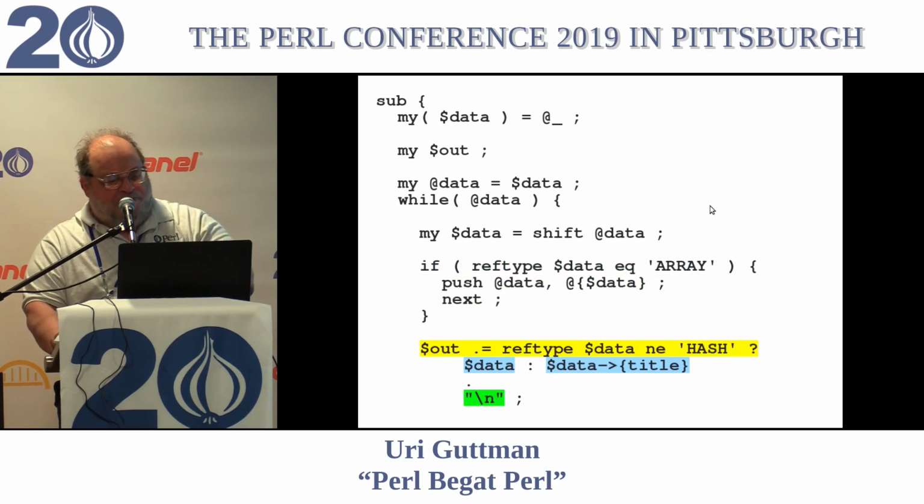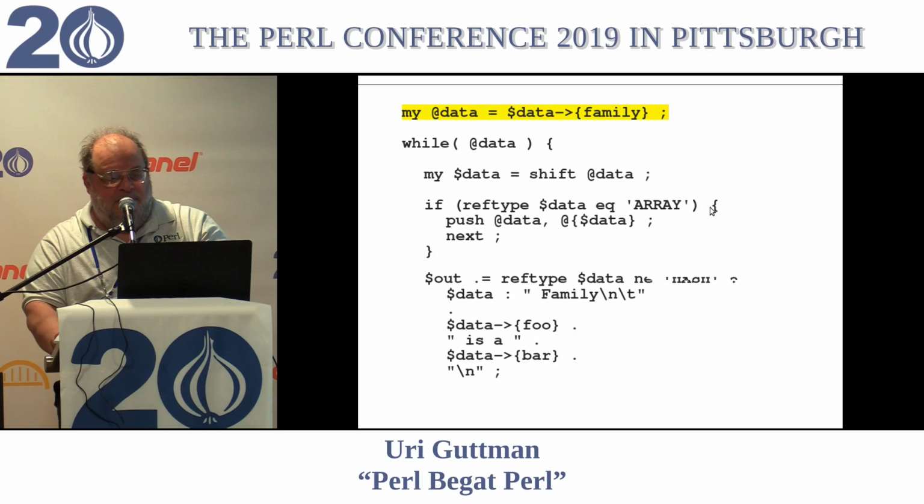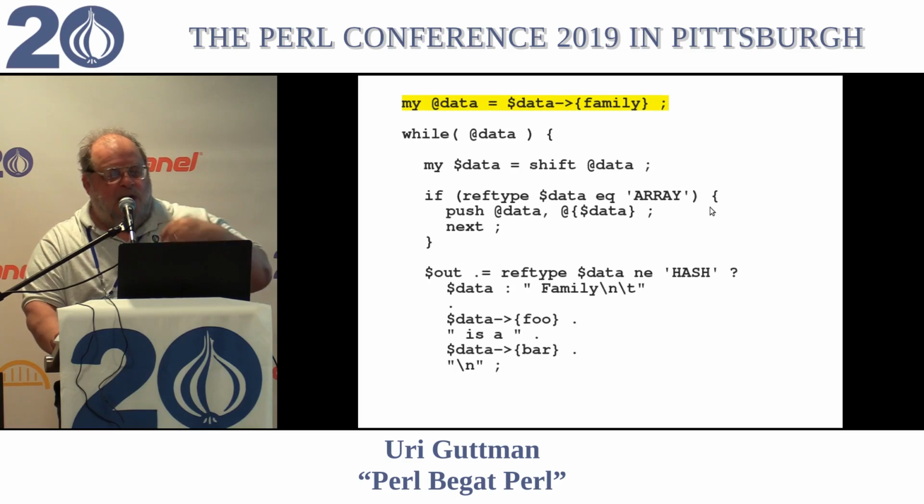Now we are doing the top level unnamed chunk. We have the title, and the data is a hash, so we'll put it in title. If it's not a hash, it will use the data as it is. And there's a newline which is part of the actual template. Now we're descending into the tree.